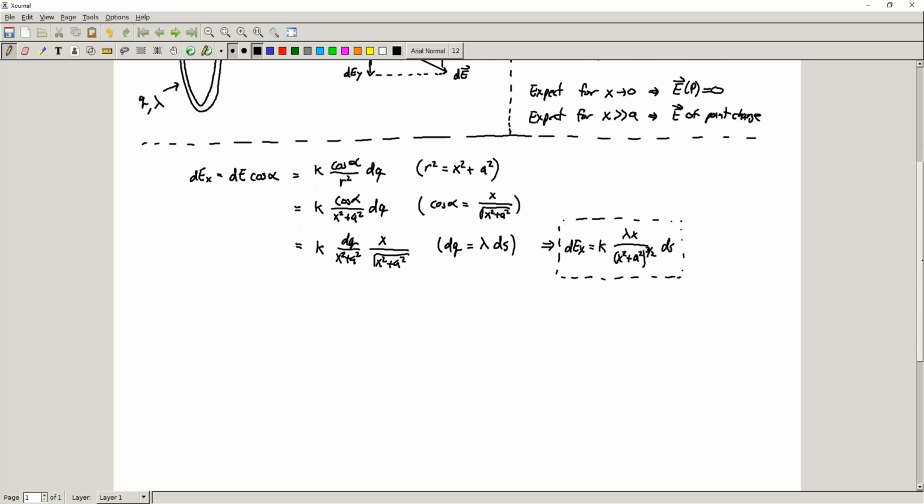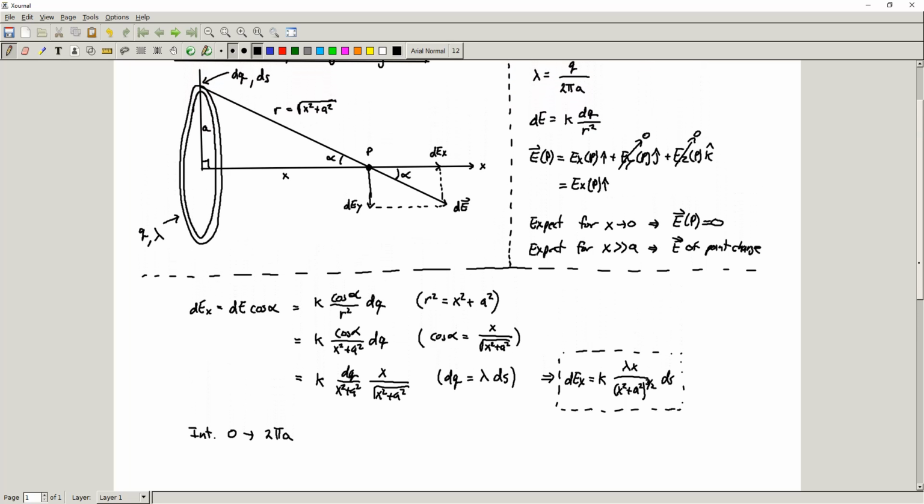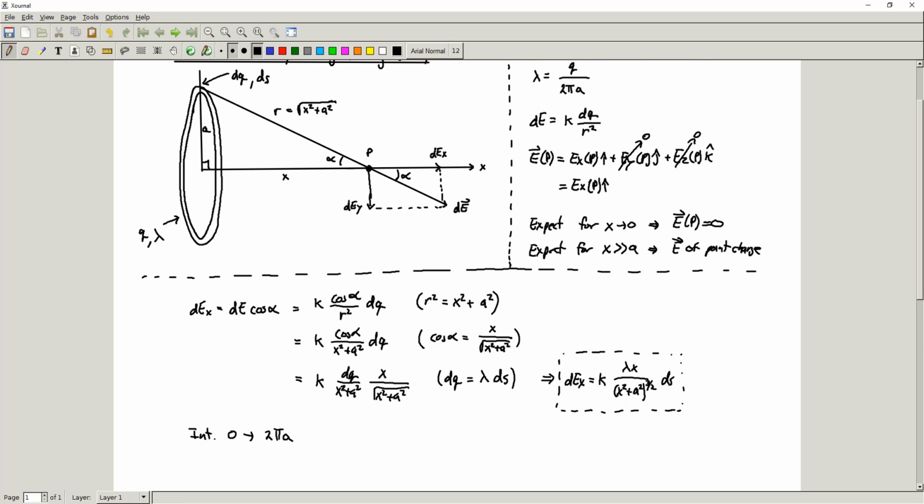We're going to want to integrate from 0 to 2 pi a. Okay, and that's the full circumference of our circle, right? Because our radius is a, 2 pi a will be the full circumference, so we want to be going from 0 all the way out to 2 pi a, okay?